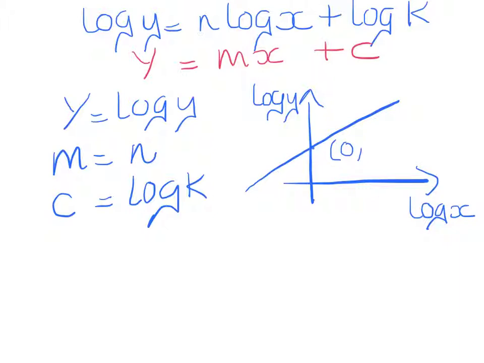It's going to cross the y axis, in this case log of y, at log k, because my y-intercept is log of k. Let's have a little look at how we can use this information to solve a problem. We're going to look at an example, then we're going to look at a past paper question.